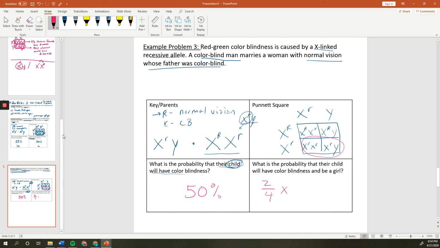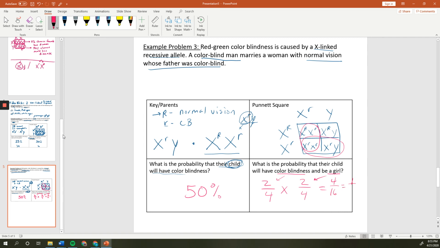And then we're going to multiply that by the probability of a girl. So this probability is 1/2, and the probability of having a girl is also 1/2, right? Because 2 of these are girls, these are boys. So again, 2 out of 4 are girls. And so 2 times 2 is 4, and 4 times 4 is 16.